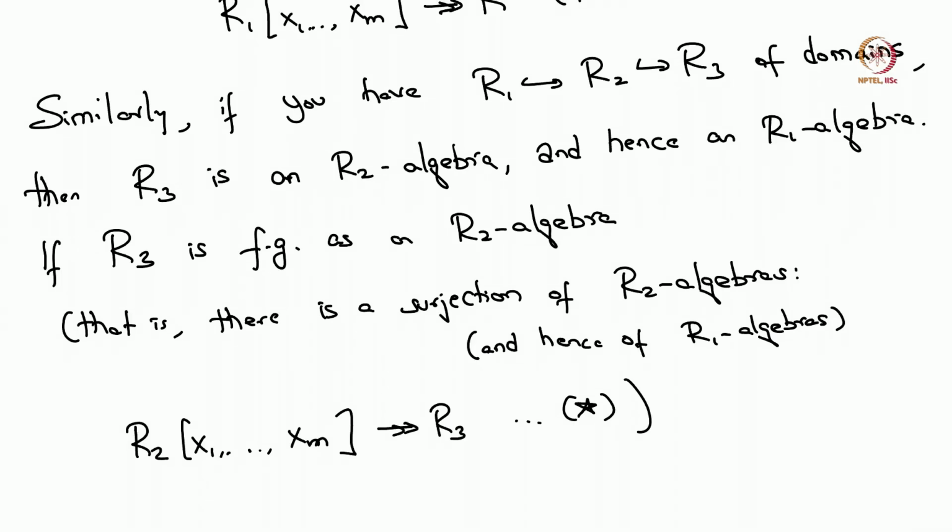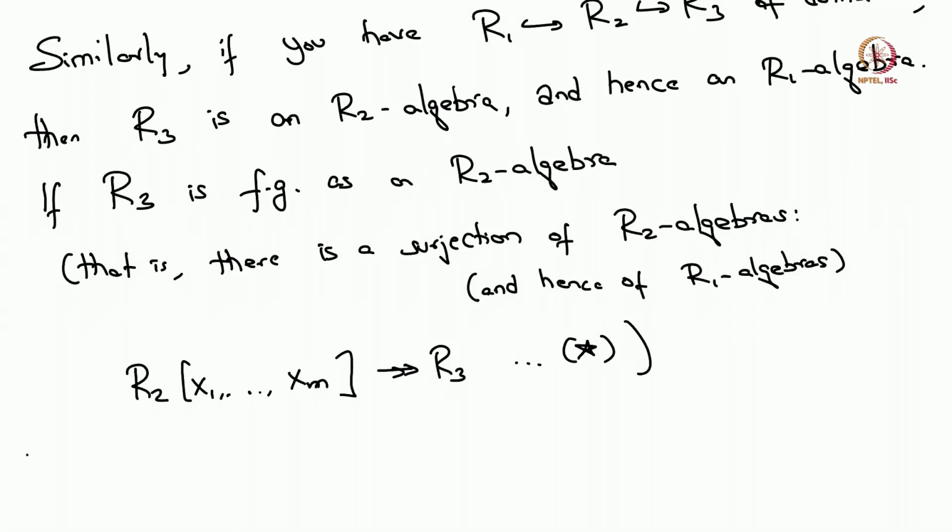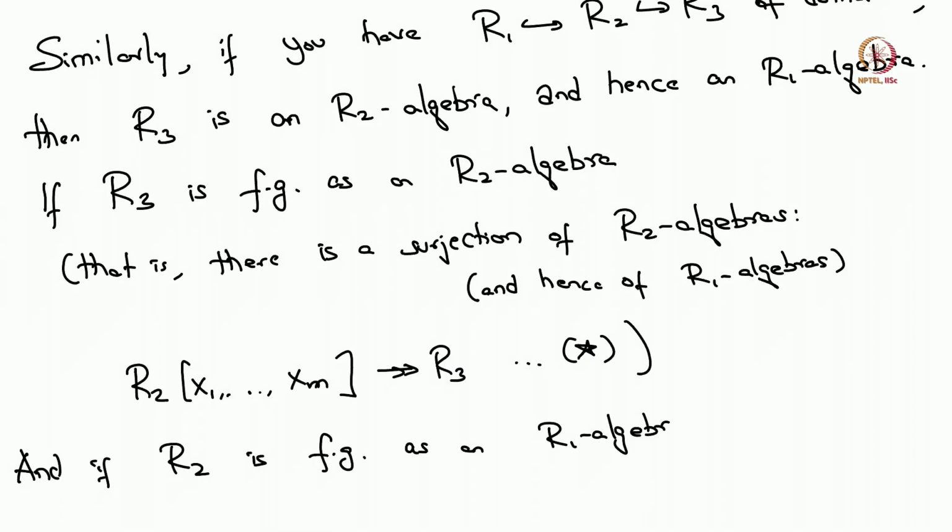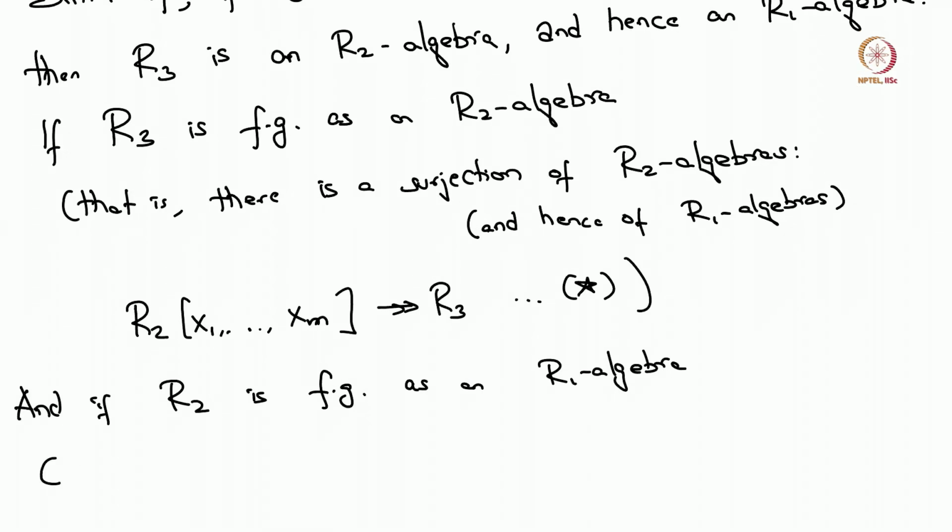So we have a sequence of inclusion of domains R1 inside R2 inside R3, and suppose R3 is finitely generated as an R2 algebra, and similarly if R2 is finitely generated as an R1 algebra, again a similar conclusion.